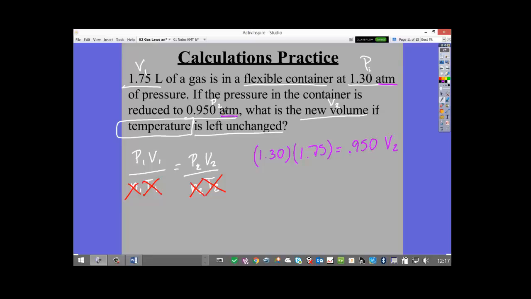Okay, so I have 1.3 times 1.75, that's 2.275. I'm not gonna round until the end. That equals 0.950 V2. So all you do is divide both sides by 0.950.